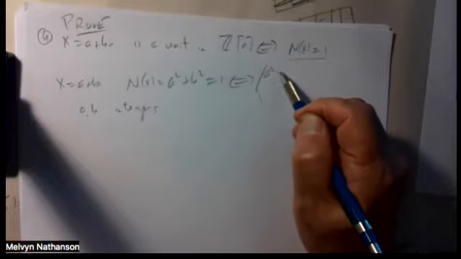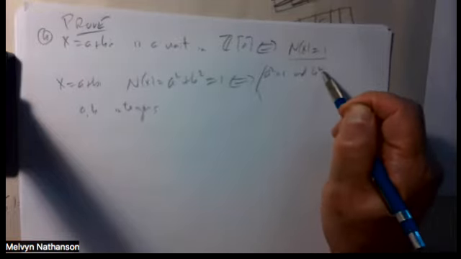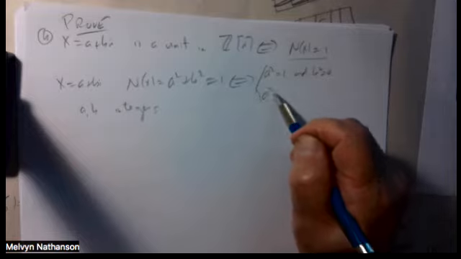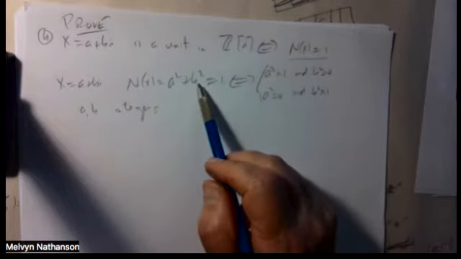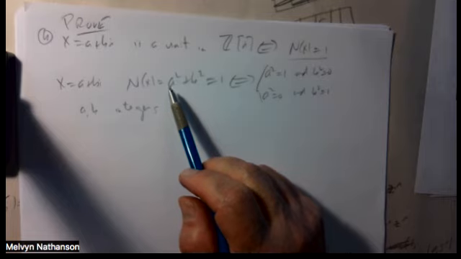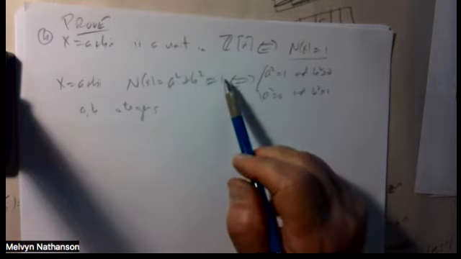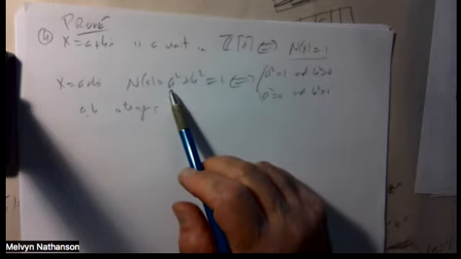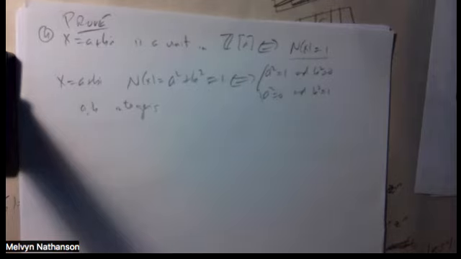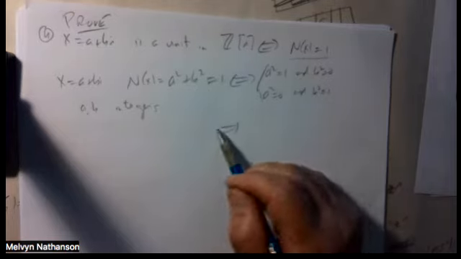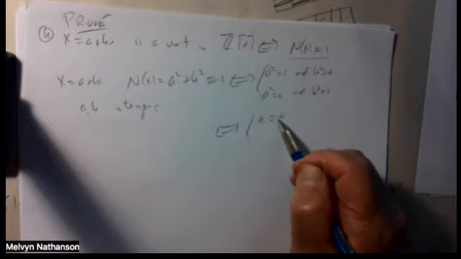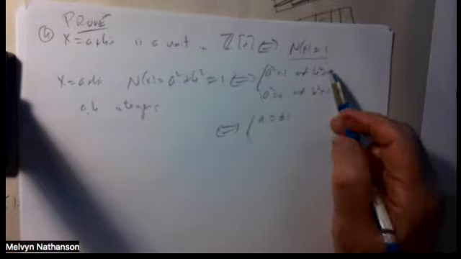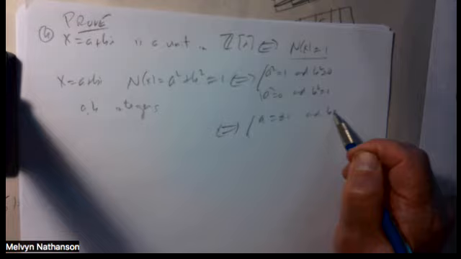This can only happen two ways. Either a squared is 1 and b squared is 0, or a squared is 0 and b squared is 1, because these are non-negative integers. The only way the sum of two non-negative integers is 1 is if one of the integers is 0 and the other is 1. And the only time a squared is 1 is if a equals plus or minus 1, and b squared equals 0 means b is 0.